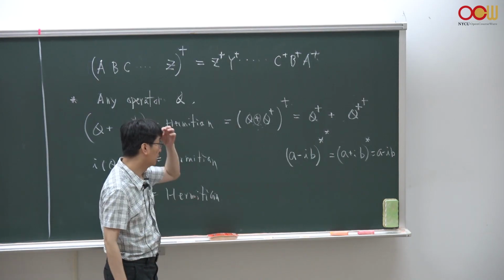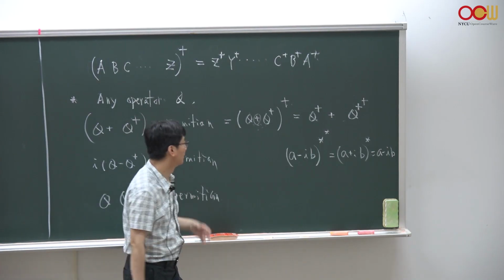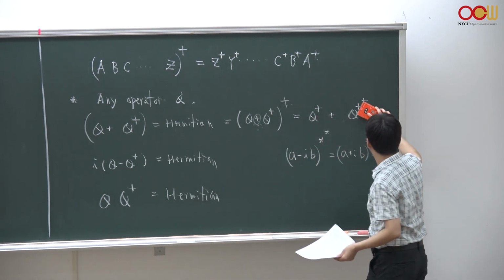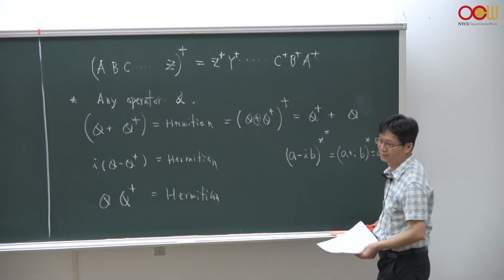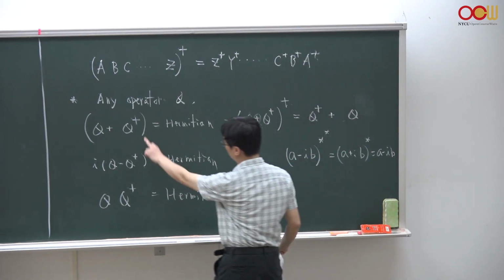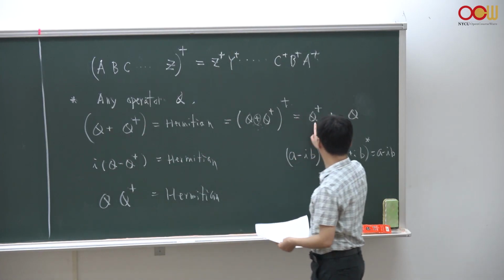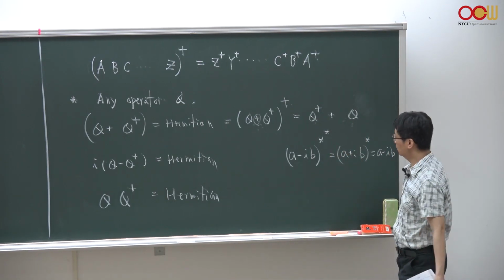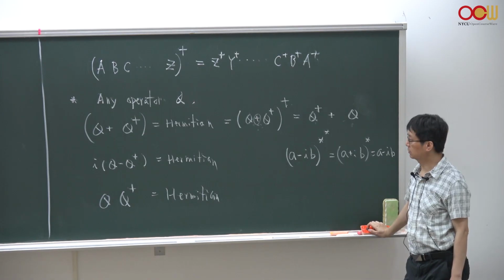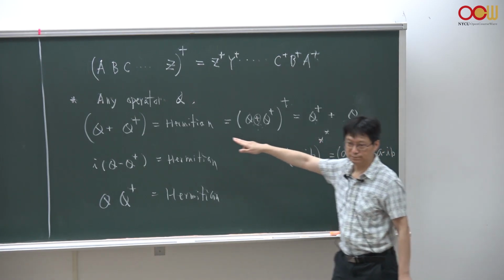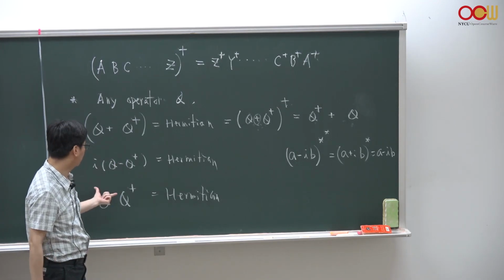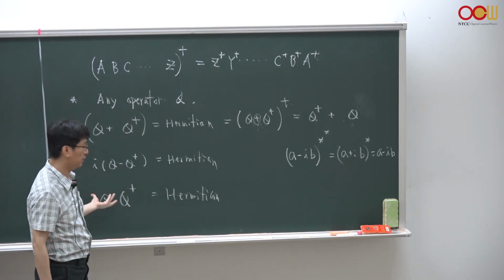So likewise, the double dagger, or double Hermitian, is no Hermitian operation. So Q dagger dagger is the same as Q. When you take the Hermitian of this bracket, you get Q dagger plus Q, but Q dagger plus Q is the same as Q plus Q dagger by the properties of linear operators, so they are the same.